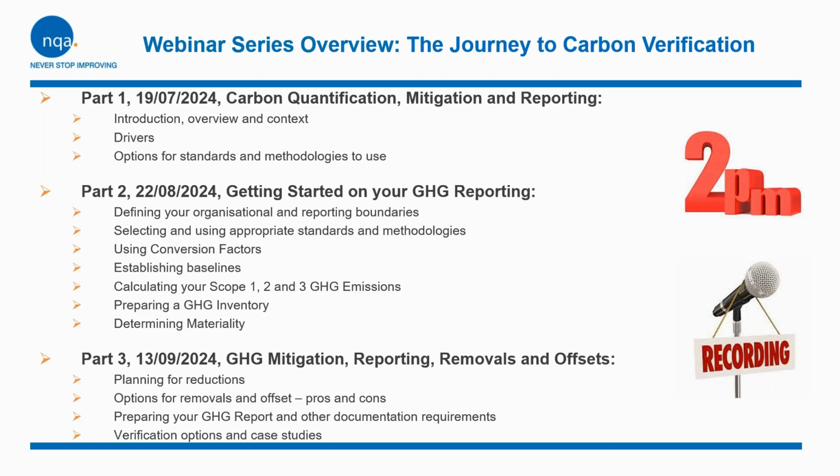So we'll cover specifically planning for the reductions, the options that you have for carbon removals and carbon offsets and the pros and cons around those. We'll look at the documentation requirements of some of the standards, including preparing your greenhouse gas report. And lastly, we will look at the verification options, so the external third-party accredited verification options that you have.